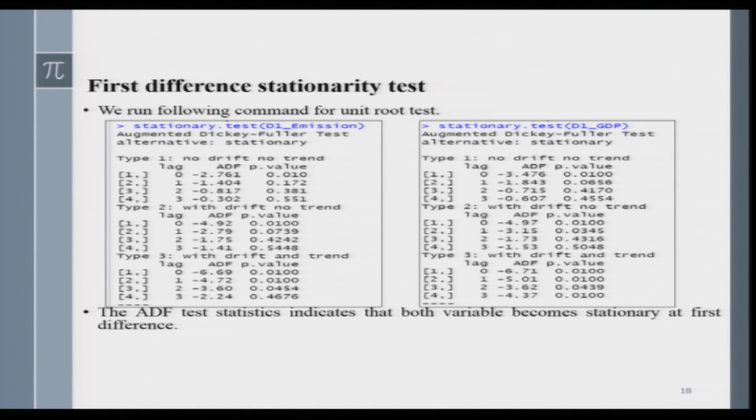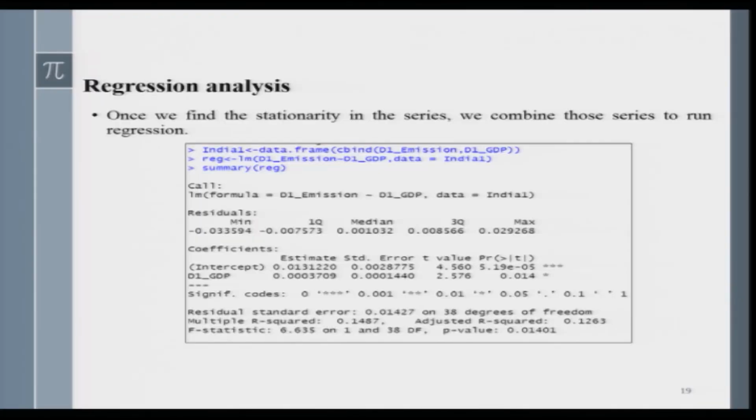So, now we believe that we have two stationary variables and we can safely conduct a regression without falling into the trap of spurious regression, and I am going to show you what sort of regression we can conduct with this difference data. Note that you have created two new variables which are basically the differenced data.